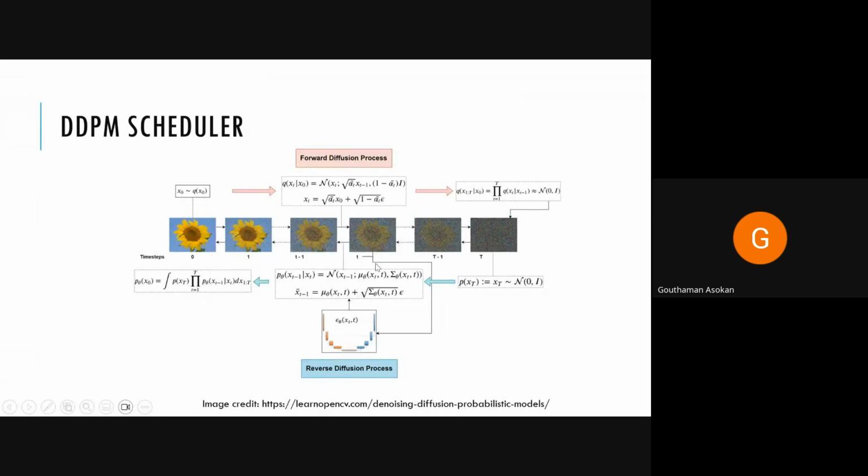Here too it follows a distribution, and the mean and the covariance of this distribution we find with the help of a neural network. This neural network is what we use to model the distribution. From that, we are able to carry out the denoising process iteratively to go back to the original image. So this is basically how the DDPM scheduler works.